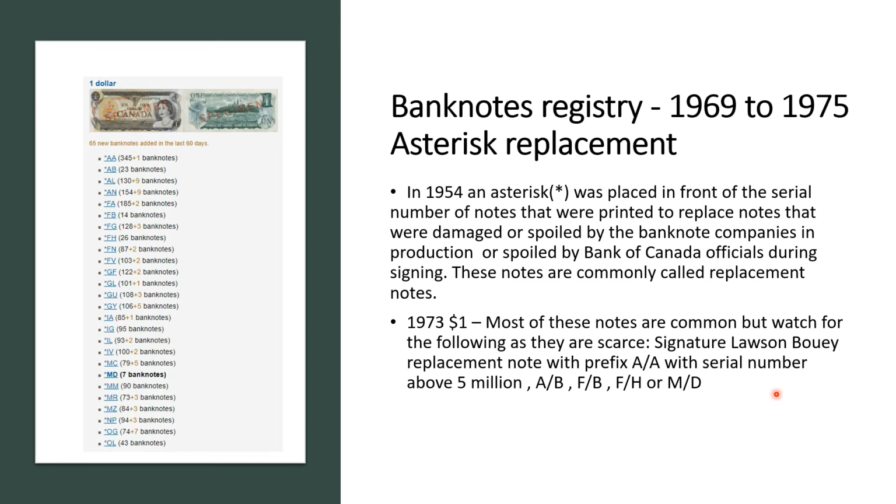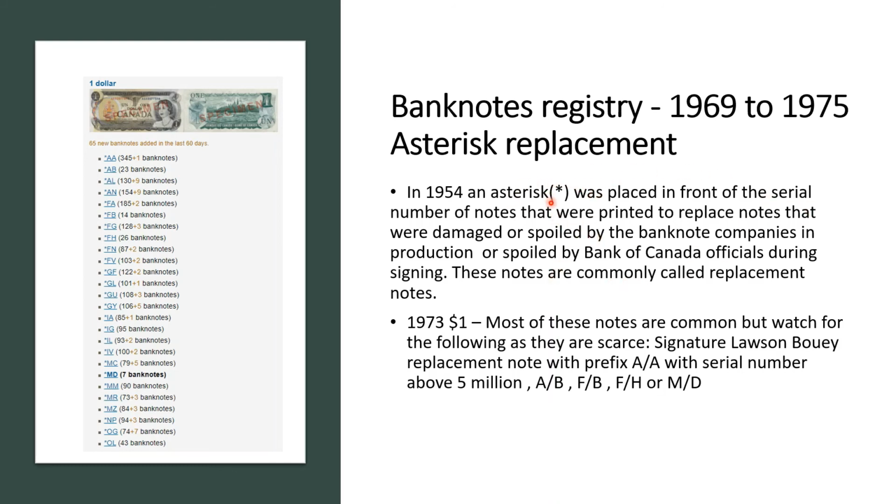But it says in 1954, the asterisk was placed in front of the serial number for notes that were printed to replace notes that were damaged or spoiled by the banknote companies in production, or spoiled by the Bank of Canada officials during signing. So these were replaced before they were circulated, is my interpretation, and I still think that's pretty cool.